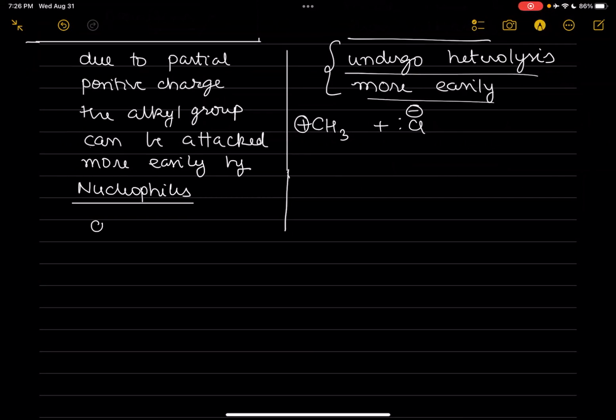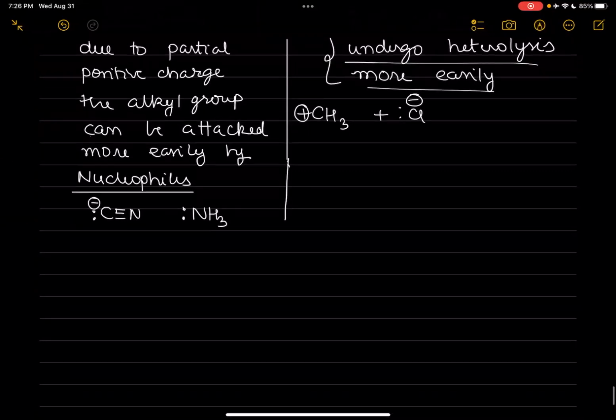For example, nucleophiles you are having CN minus. They can be neutral also. Ammonia is a nucleophile. They have a pair of electrons which they share. Hydroxide, OH minus, is a nucleophile. Water is a nucleophile, but water is a weak nucleophile because it is neutral.